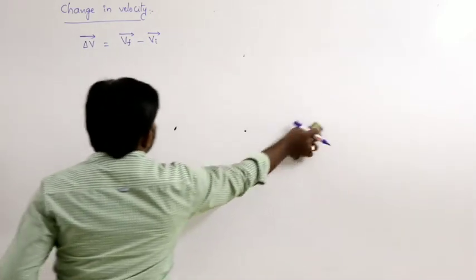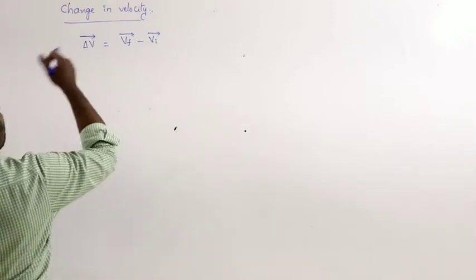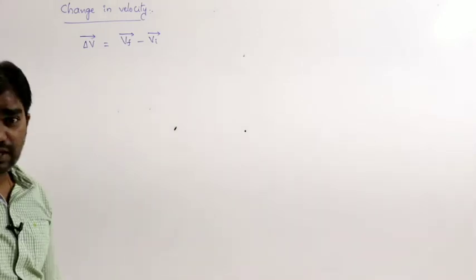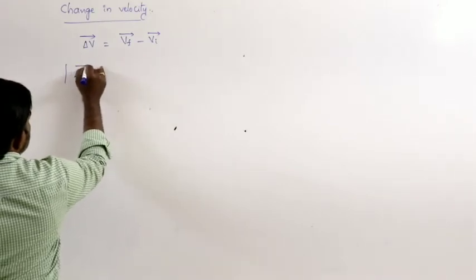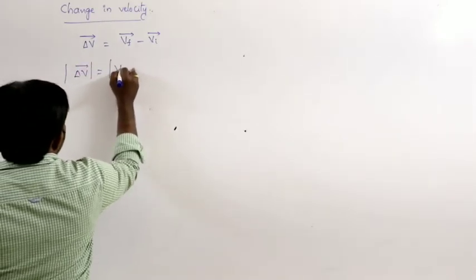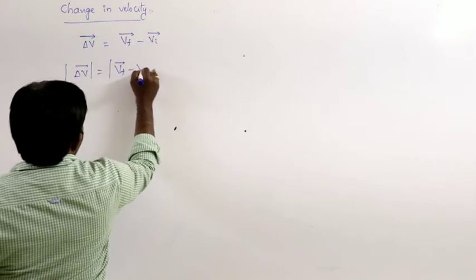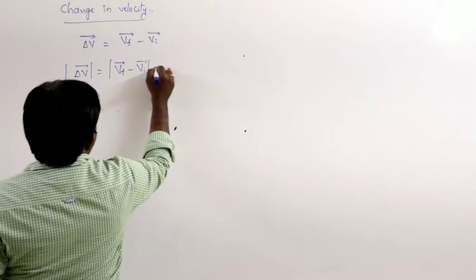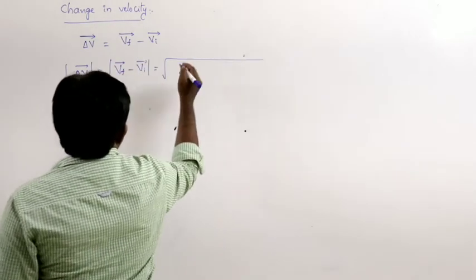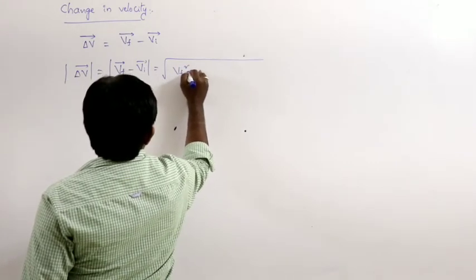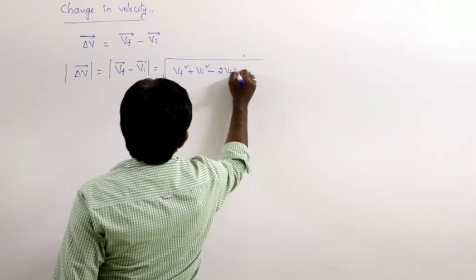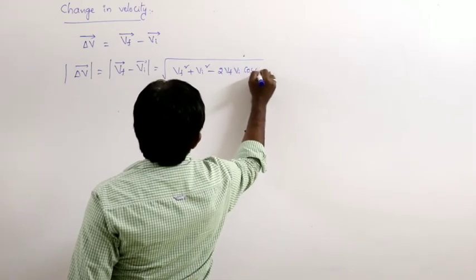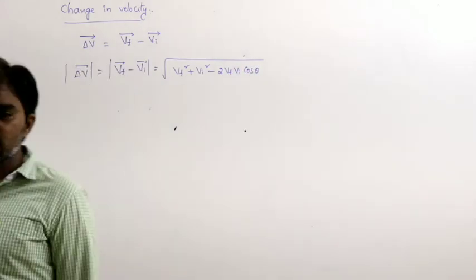Now, coming to the topic: how can you calculate the magnitude of the change in velocity? Magnitude of change in velocity delta V bar equals magnitude of Vf bar minus Vi bar, which equals under root Vf square plus Vi square minus 2 Vf Vi cos theta, just like relative velocity.